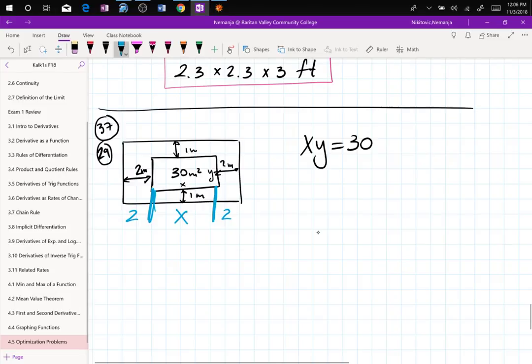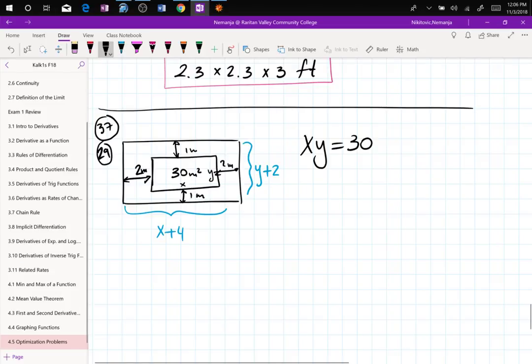And we'll use the same thinking on the side. If this much is y and this is 1 and this is 1, it's y plus 2. Very good. So this side is now x plus 4 and this side is y plus 2. Good effort.